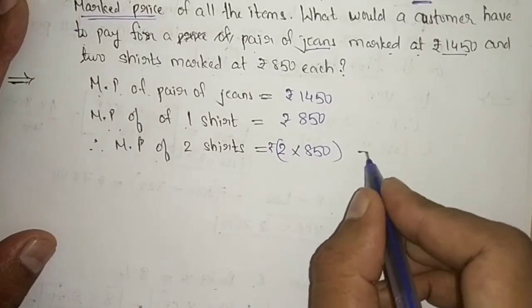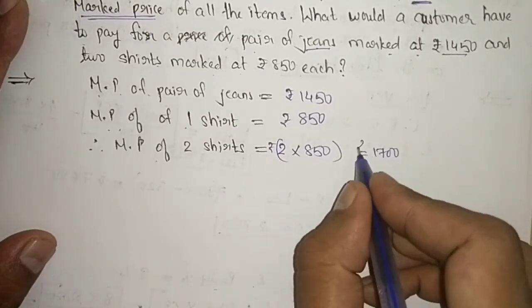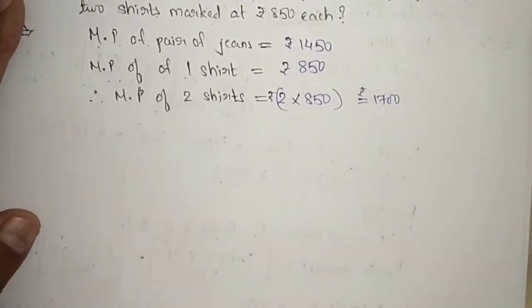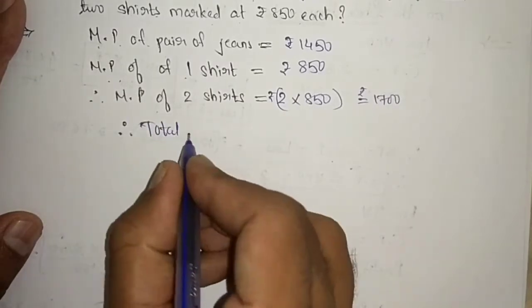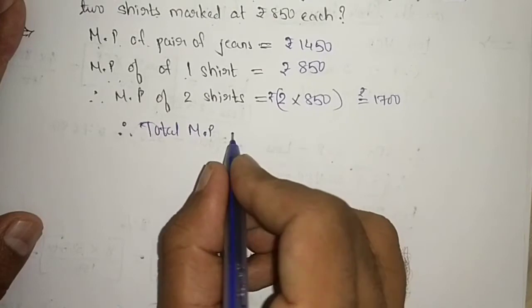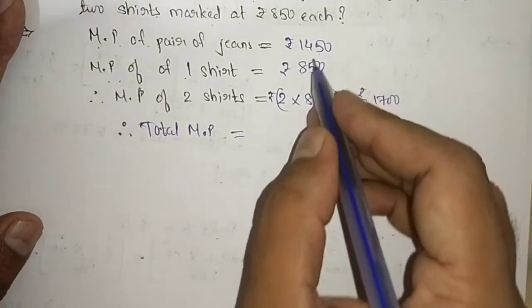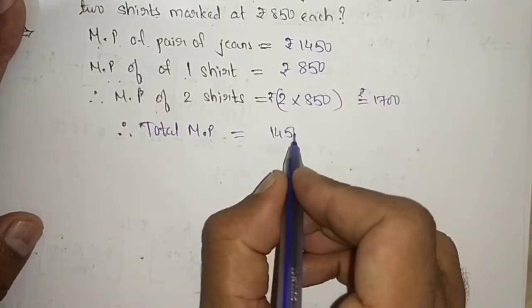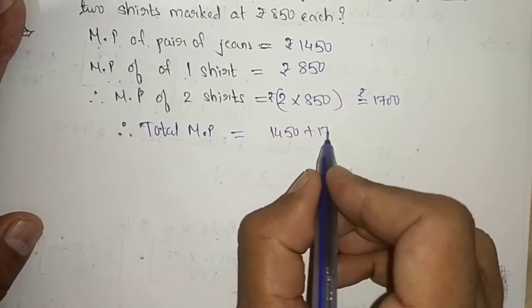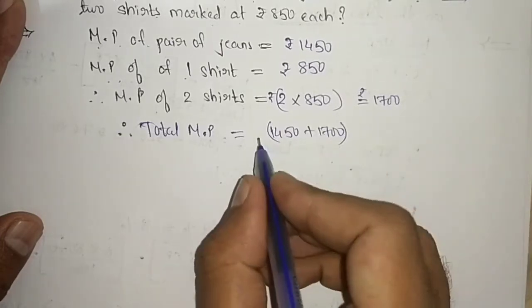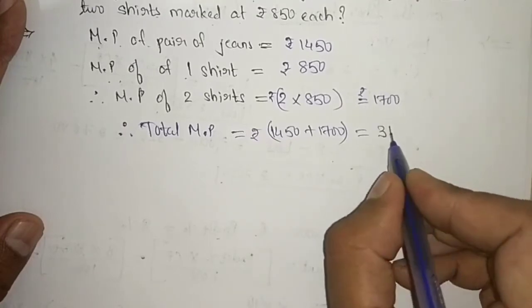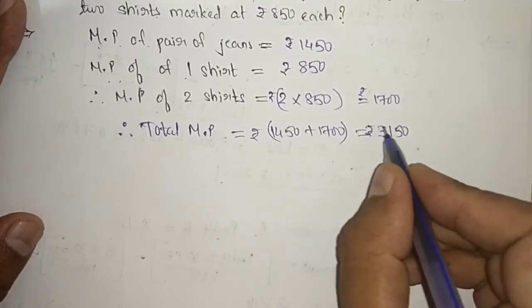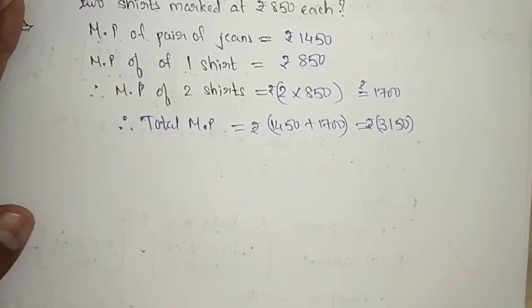So it will give us 1700. So can I write, therefore, total marked price is equal to 1700 plus 1450. It will give me 3150 rupees total marked price.